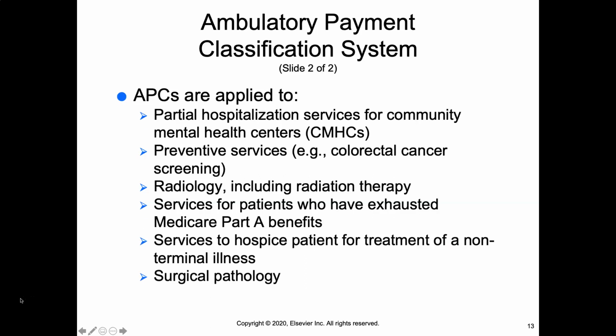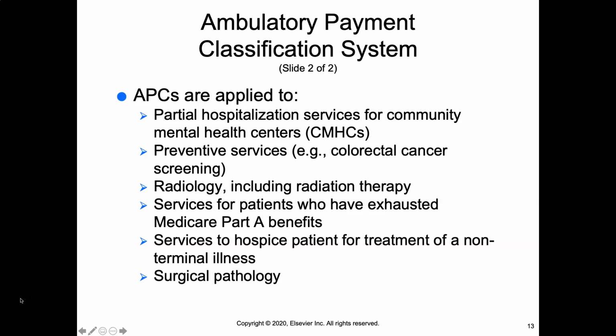They are applied to partial hospitalization services for community mental health centers, preventative services like colorectal screenings, radiology, including radiation therapy, services for patients who have exhausted Medicare Part A benefits, services to hospice patients for treatment of a non-terminal illness, and surgical pathology. All of those are paid on an APC basis.